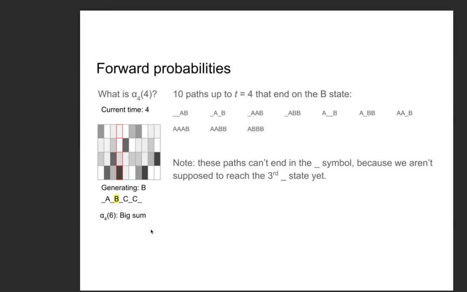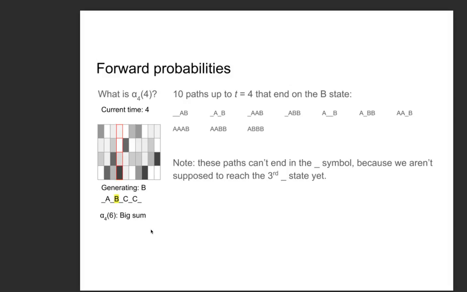They never skip the A. We know that these paths can't actually end in the blank state, because if it had a blank symbol at the end, that means we've gotten to the third blank state, which is not allowed because we're still considering that we're only on the B state at this point in time for alpha sub 4 of 4, where B is the 4th symbol in the sequence.